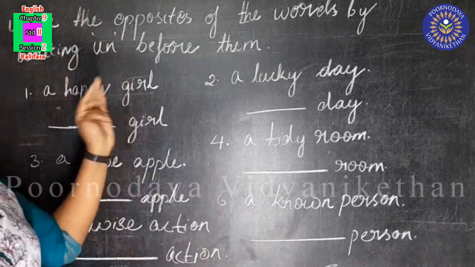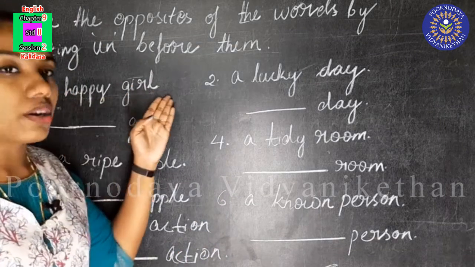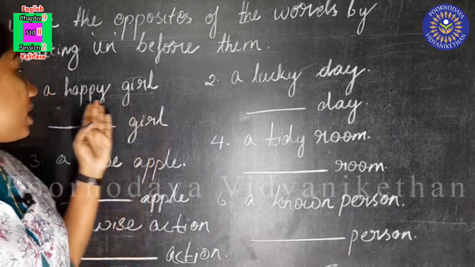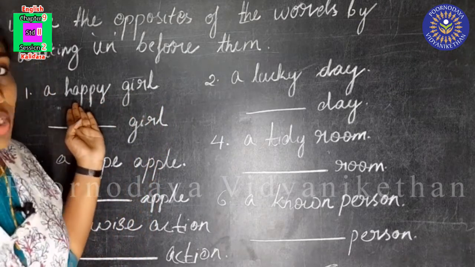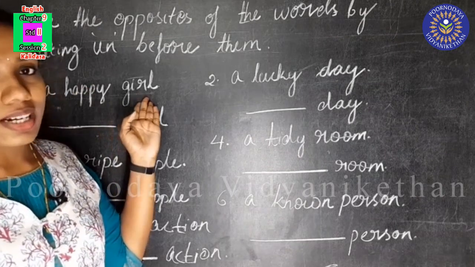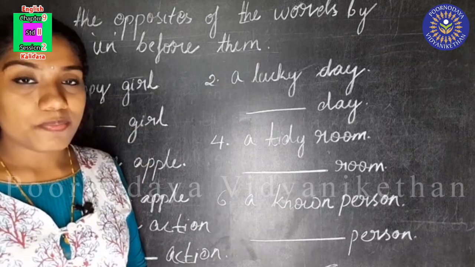Now, we are going to do more examples. See this, children. A happy girl. Here, happy is the adjective. We have already learned what are adjectives. So, what are adjectives, children?